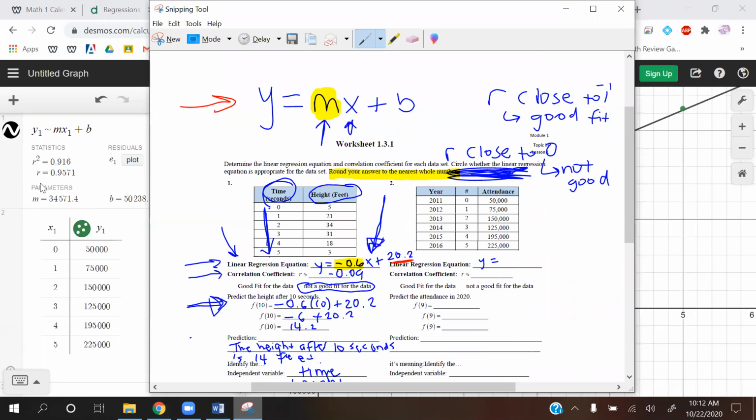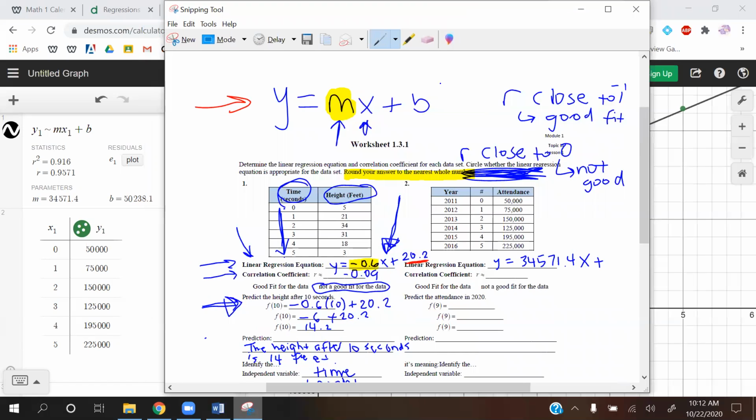Take a look at Desmos. It says 34571.4. That's our m. Then we have x plus our b value. Our b value, according to Desmos, is 5238.1.